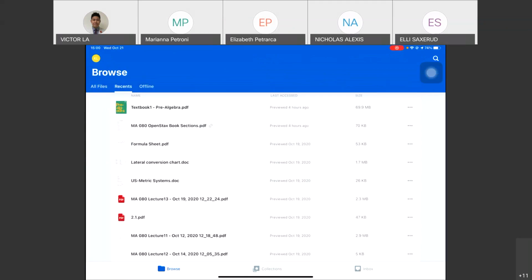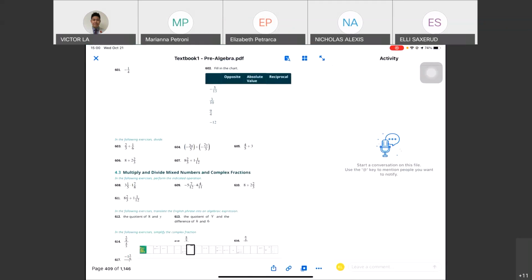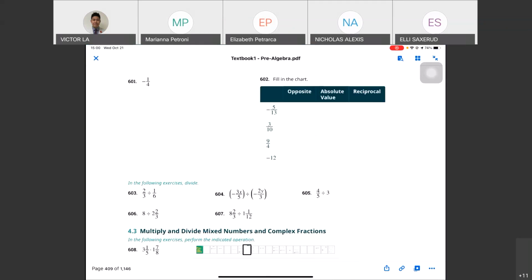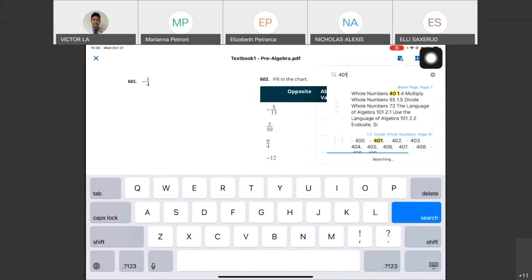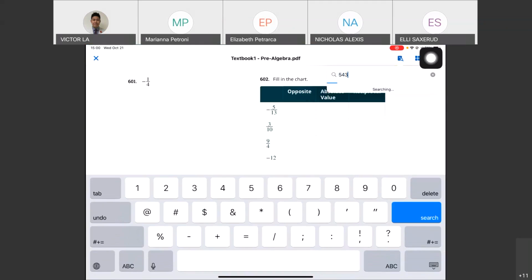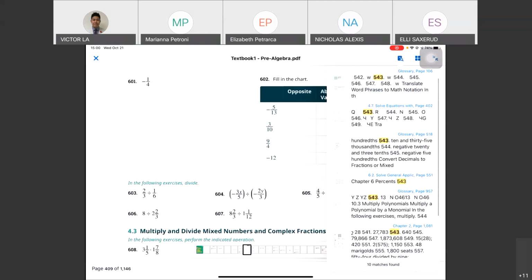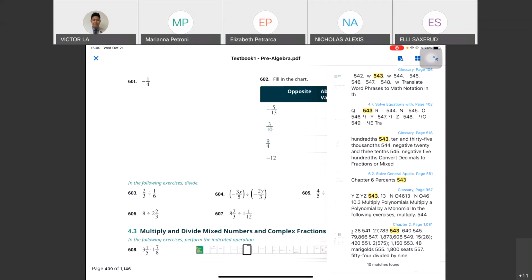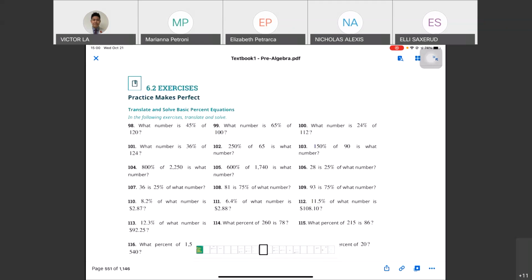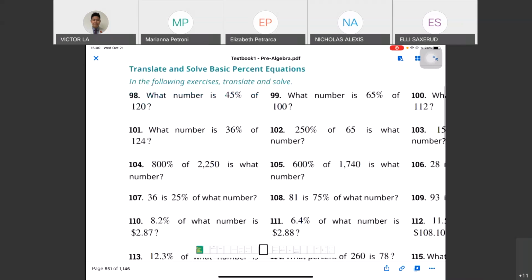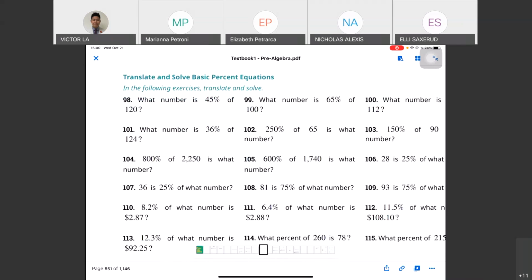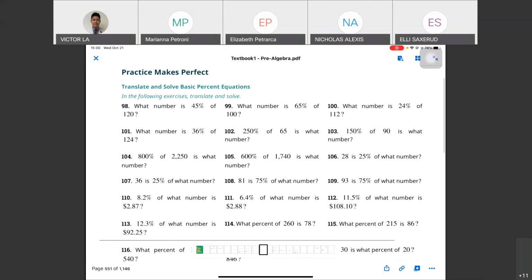So we'll go to recent. Here's pre-algebra. Let's go to 543 here. So 104 is this one right here. I couldn't hear the numbers that you described, but do you see it here?